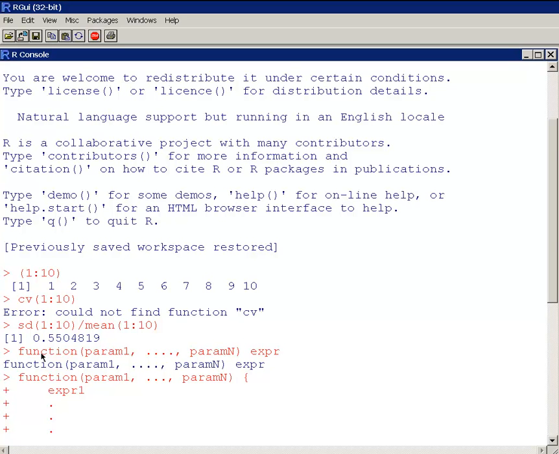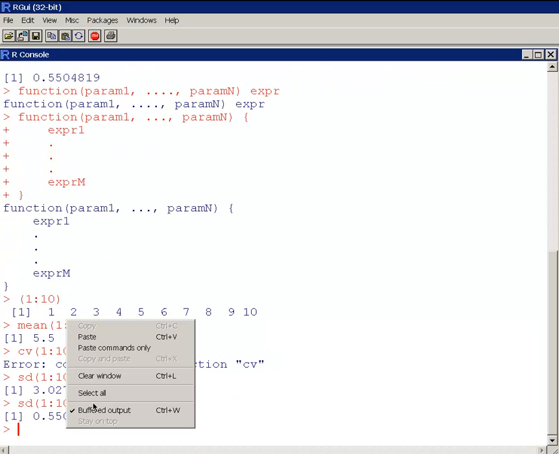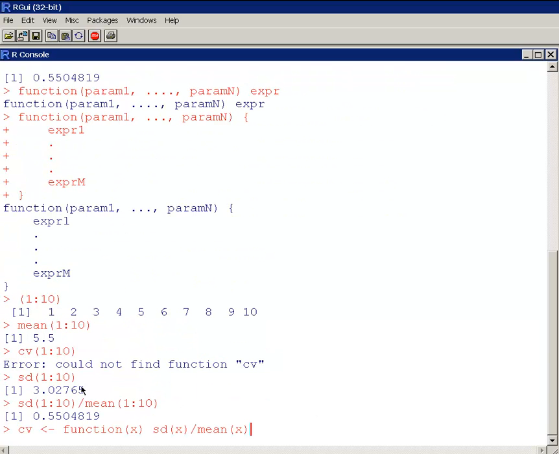And I can also assign this to a name, so I'm going to do that here. Like this. It's a function, and it takes a vector as its argument. We're going to take the standard deviation of that vector and divide it by the mean of that vector. And when we're finished, we're going to assign the result to CV. So this then creates a function called CV.